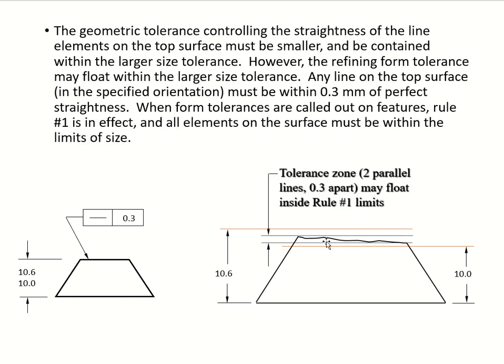So now we're going to draw our two lines 0.3 apart from each other, and then a bigger one for this dimension, about 0.6 away from each other. So you're dealing with the geometric tolerance and this regular tolerance.